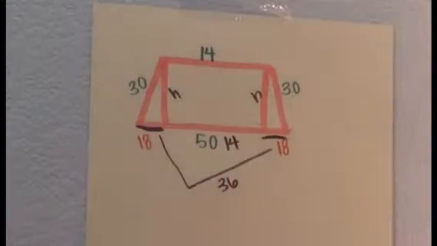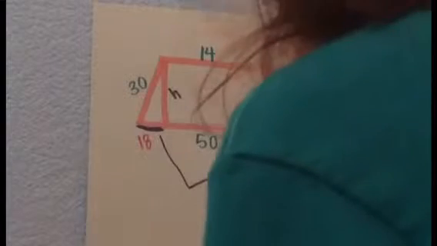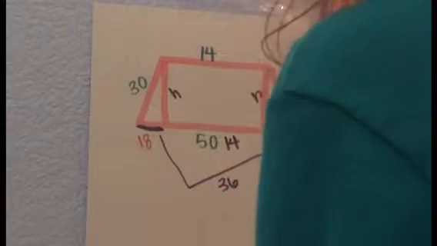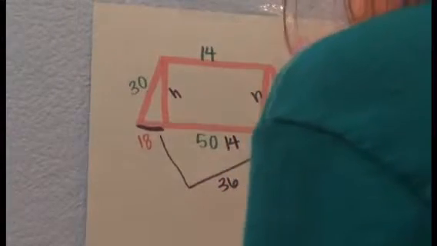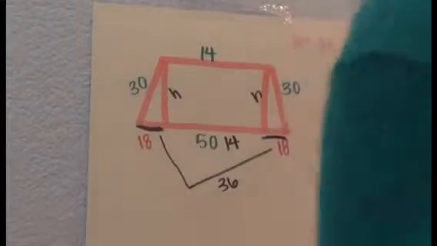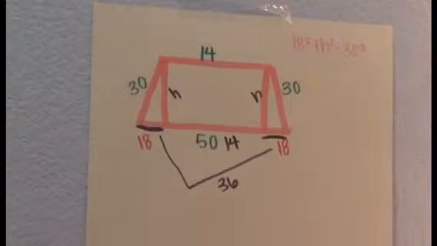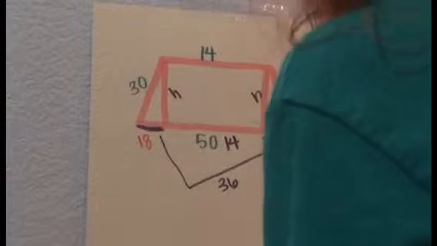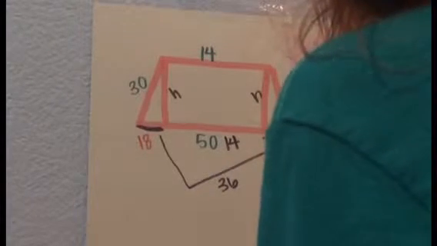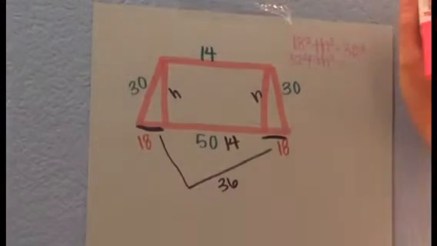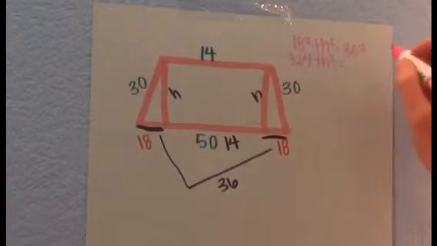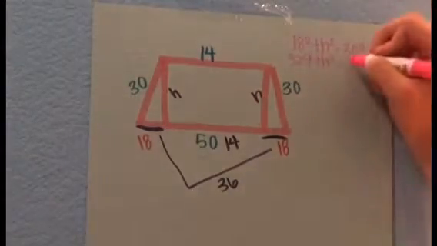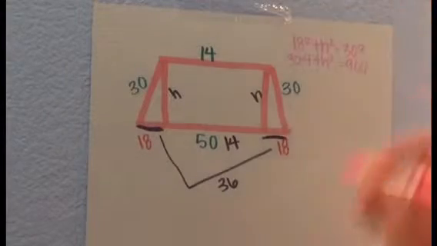And so if we are going to find h, we have to use Pythagorean theorem. So first we can do 18 squared plus h squared equals 30 squared. And we know that 18 squared is 324 plus h squared, and 30 squared equals 900.